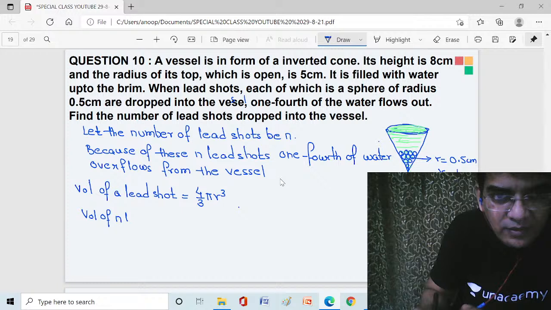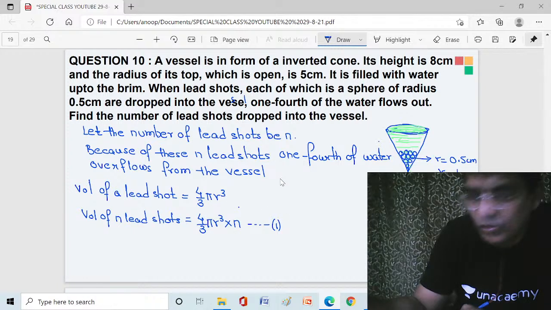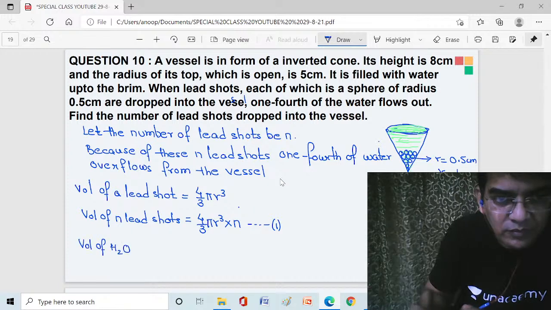Now because of these n lead shots, how much volume of water overflows? So they say volume of water overflown is equal to 1/4 of conical vessel.